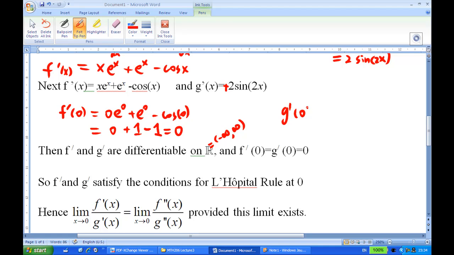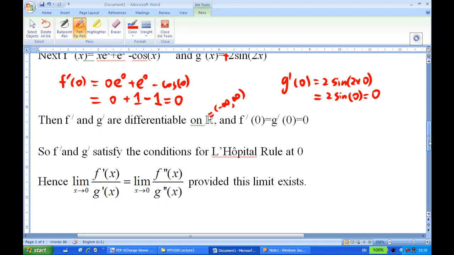And g prime 0 is 2 times sine of 2 times 0, which is 2 times sine 0, which is 0 again. So f prime and g prime satisfy the condition of the L'Hopital rule at 0 again.